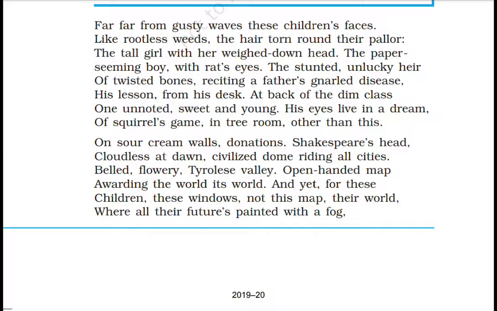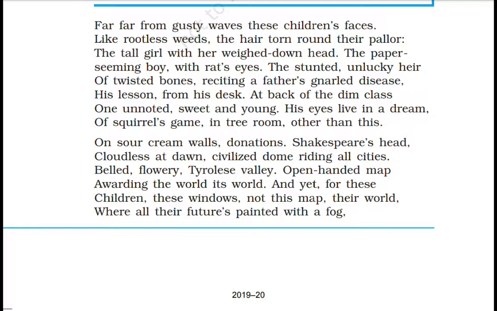But this boy especially has inherited a disease from his father. What is the disease? A disease of twisted bones. Instead of inheriting wealth, money, health and all the facilities from his father, he has inherited a disease. A gnarled disease means a dangerous disease from his father.